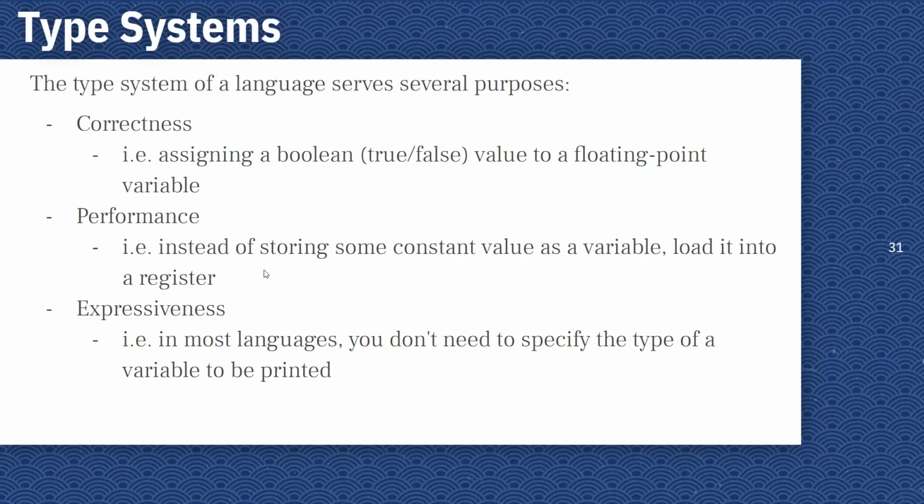Like instead of storing some constant value as a variable, you can load it into a register. And finally, you can define an implicit type conversion system to not have to convert a variable to a string every time you want to print it. Like in Python, you can just print 1 or 76 without converting it into a string first.